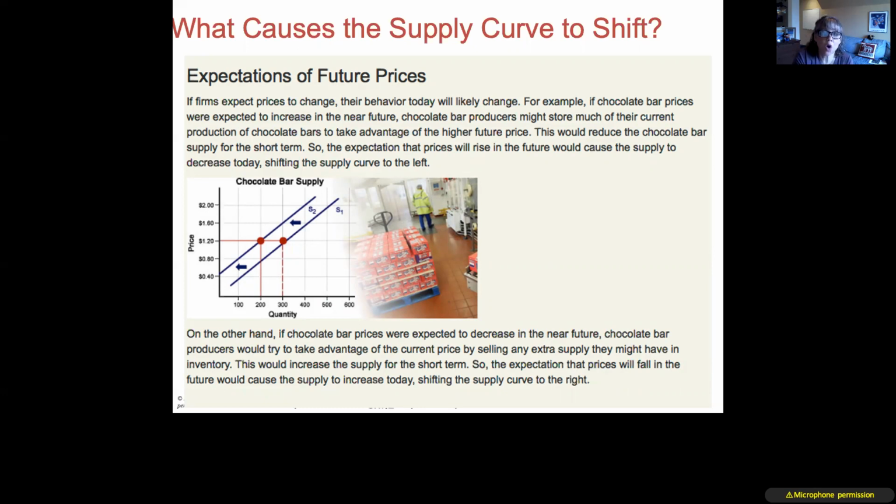So they may artificially or purposely reduce the supply right here, so there's less supply available in order to wait until prices overall have gone up, and then they can charge higher prices.